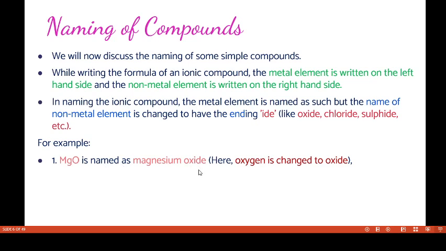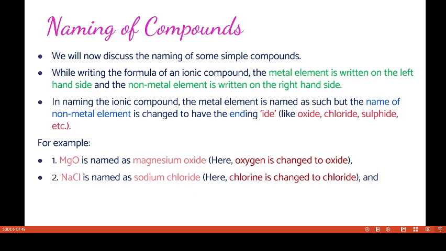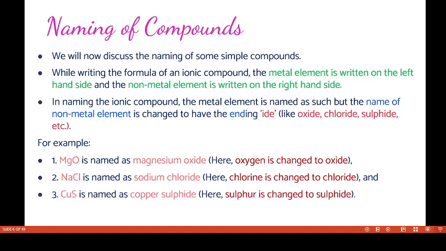So MgO is named as magnesium oxide. And then NaCl is named as sodium chloride, here chlorine is changed to chloride. And CuS is named as copper sulfide, here sulfur is changed to sulfide.